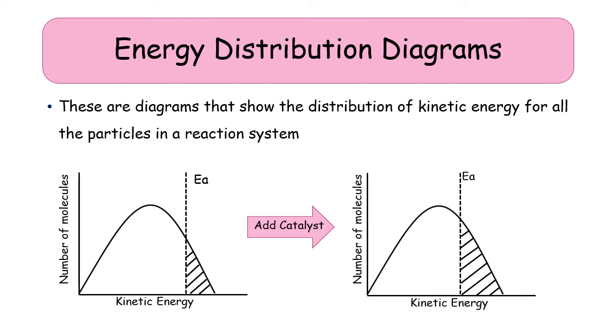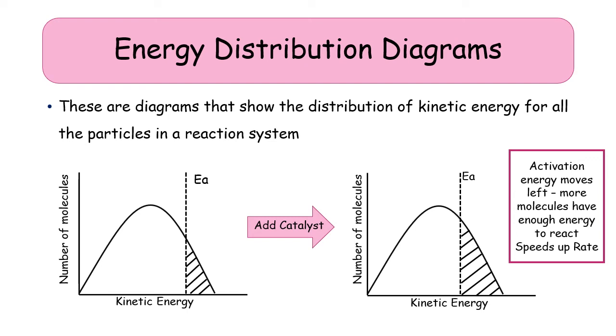And by making it lower, you can see that the shaded in area on the right-hand side is now a lot bigger, which means we have a lot more particles that have the required activation energy, and that reaction will then be much, much faster. We can also use these energy diagrams to show you why temperature has such a good effect on the rate of reaction. So that's what we'll move on to next.